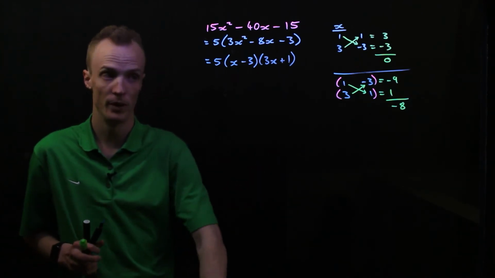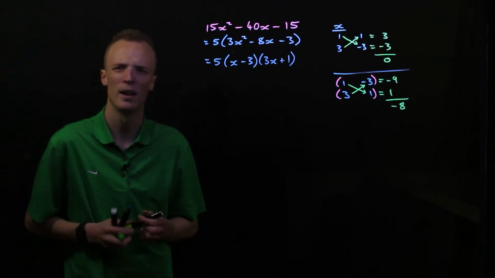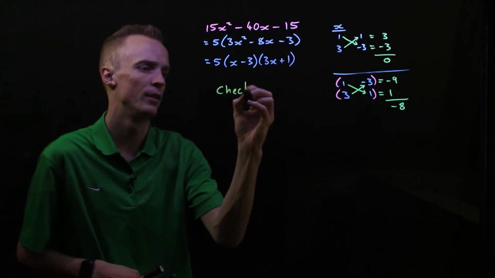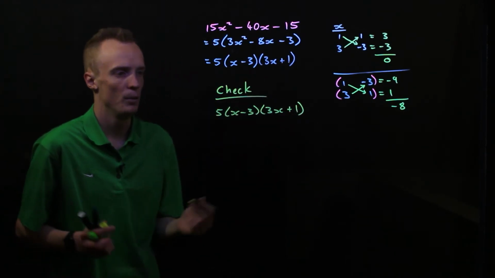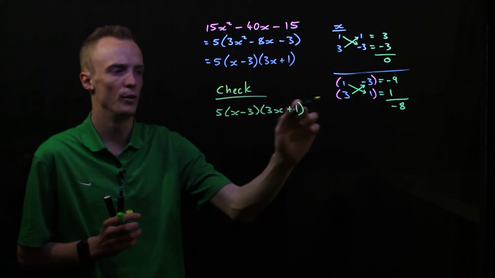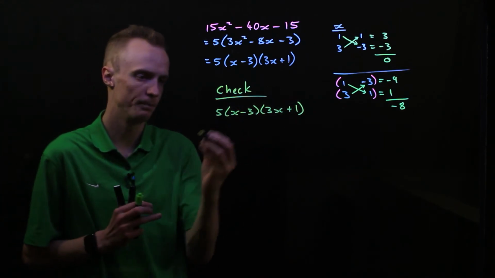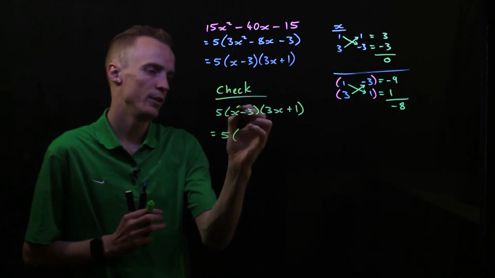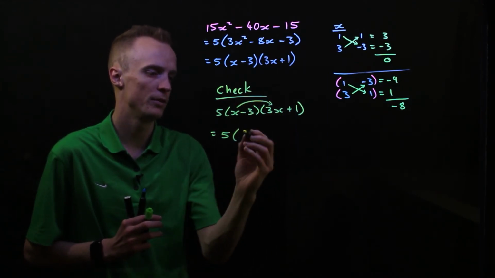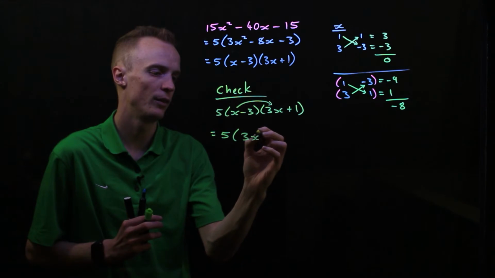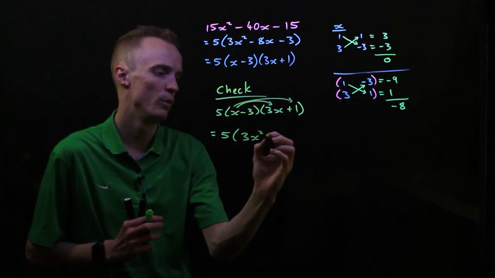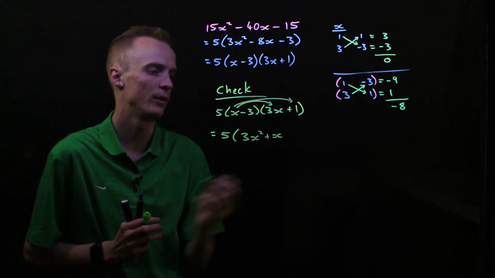But the advantage of all this is we can just check to make sure that we've got this right. So let's check this. When I go to multiply this, I like to use my FOIL first and multiply these brackets out. So this will be 5. Our first terms, x times 3x, will be 3x squared. My outers, x times 1, will be plus 1x, or just plus x.